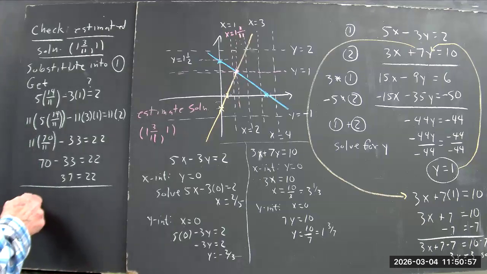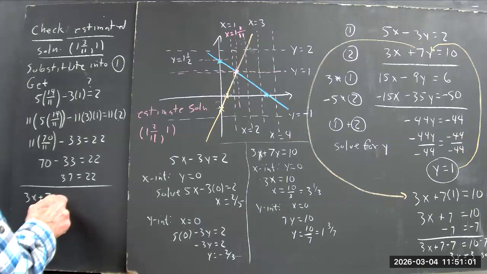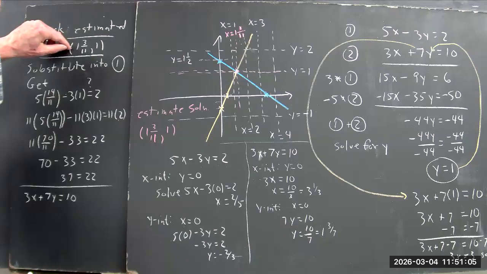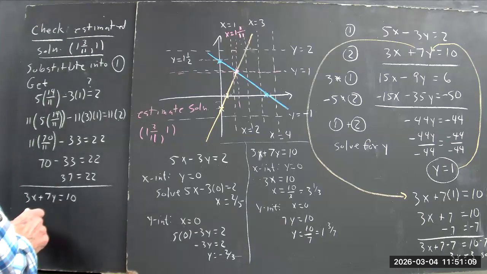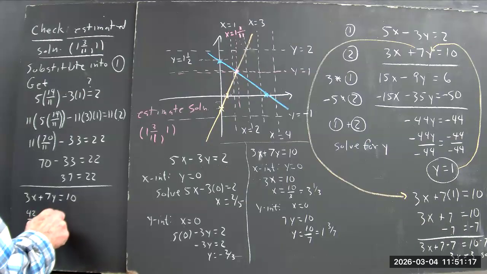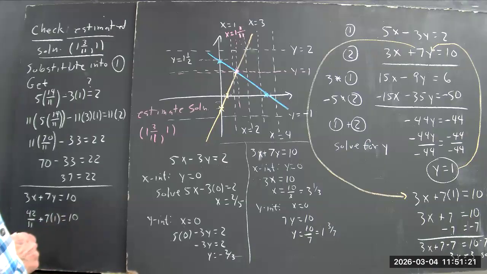Now, without going through all the detail, 3x plus 7y equals 10. If we plug in 1 3/11 and 1, we're going to get 42/11 plus 7 times 1 equals 10.